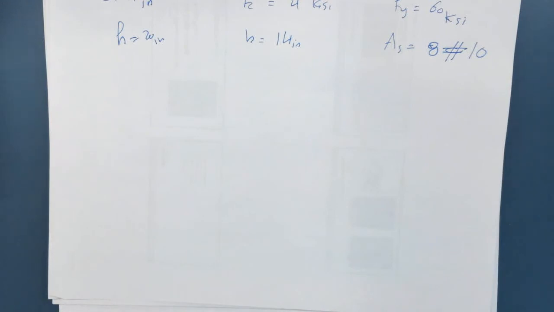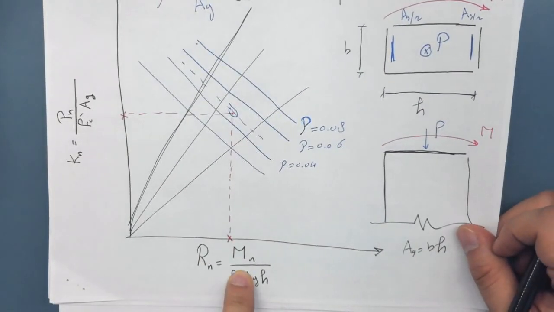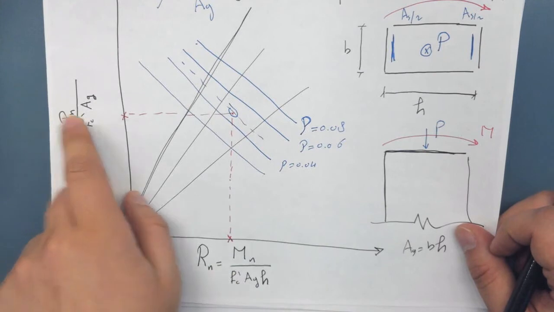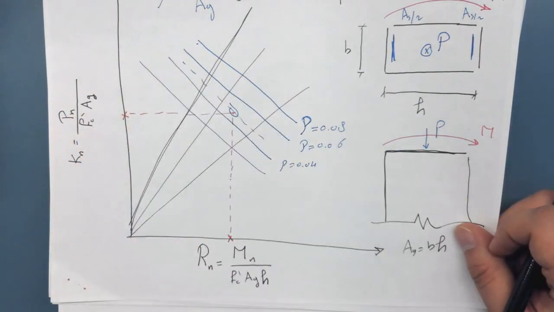If we recall, when we introduced this graph, what we ideally wanted is using the moment and the load, intersecting into a section, finding the reinforcement. Here the problem is flipped.